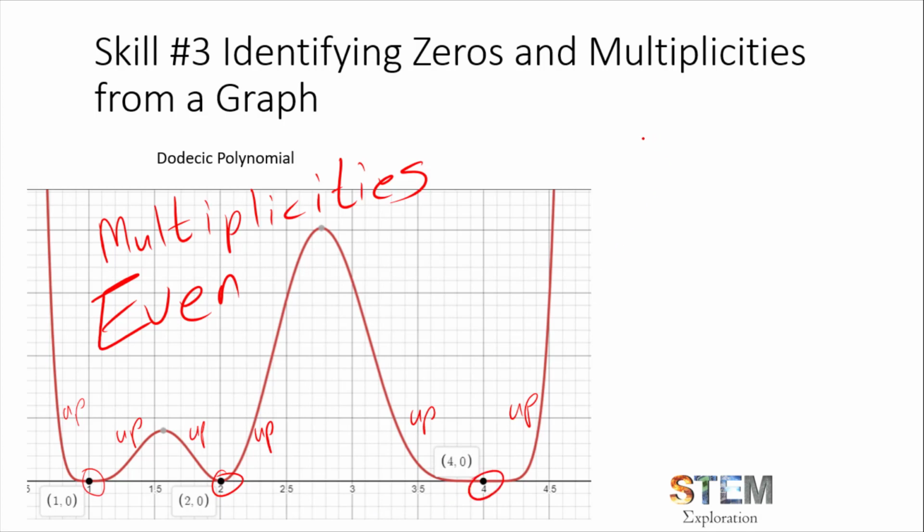Okay, so let's look at the roots, or zeros, and the multiplicities. And what I'm going to do is, I know it's a dodecic polynomial, and what that means is that this is a 12th degree polynomial.